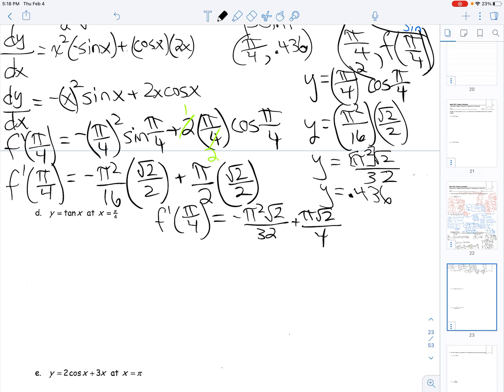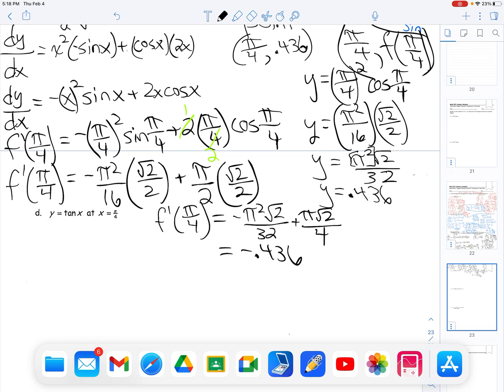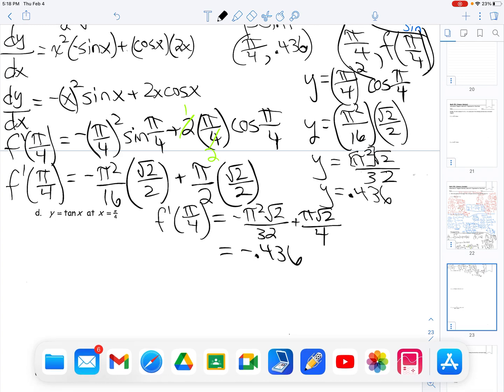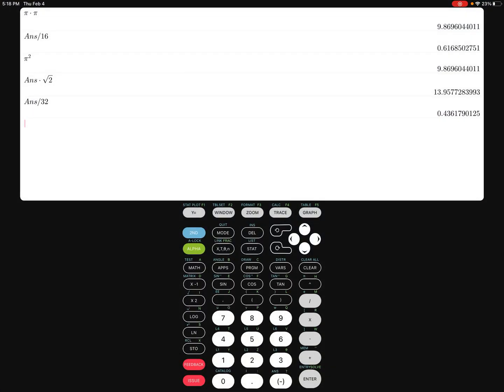We got pi squared radical 2 over 32 before to be 0.436, so this is going to be negative 0.436.